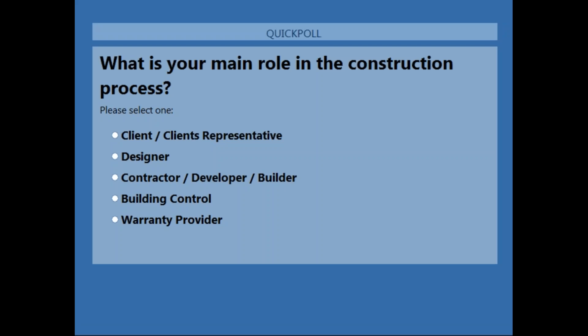If I could ask you to vote on that, then it'll at least give an idea of where we sit, and you as an audience will then have an understanding of who else is actually connected and listening today. At the moment, about 2/3 of you have voted so far. I'll leave the poll open for a few more seconds. I appreciate not everybody always wants to commit, and obviously there are some blurred lines here where people may operate in different areas. So, okay, I'll close the poll off there.